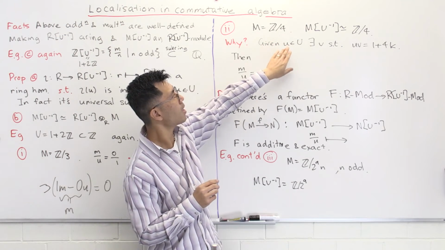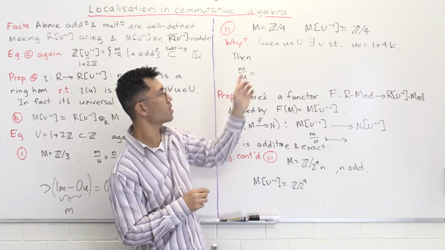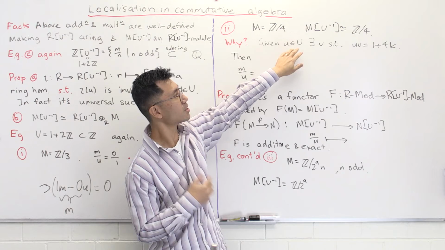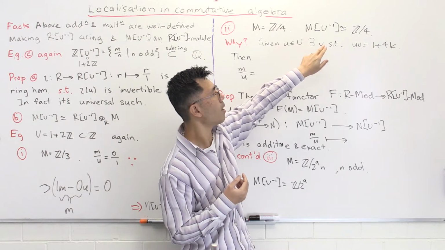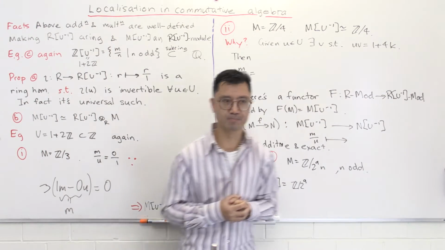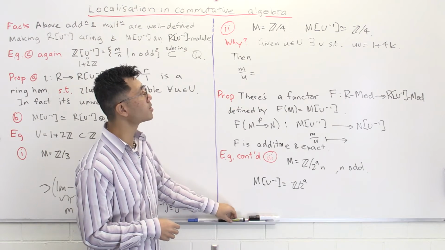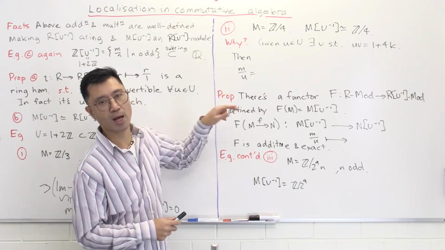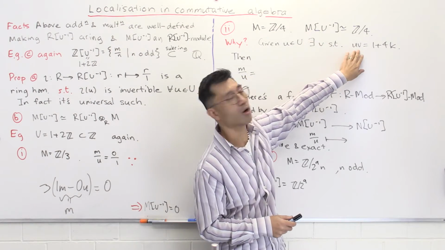If you're given a u, which is an odd number, possibly in the denominator, that means it's invertible modulo 4. So we can find an inverse modulo 4, say v, so that uv equals 1 plus 4k. Let's look at this fraction m over u. I can multiply top and bottom by something odd, and v has to be odd here, of course.